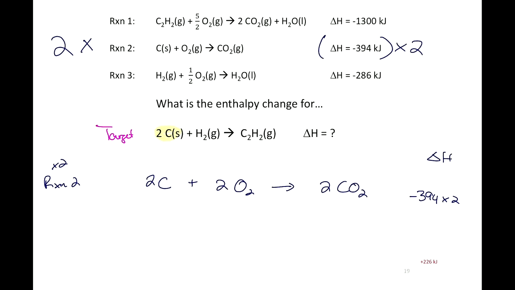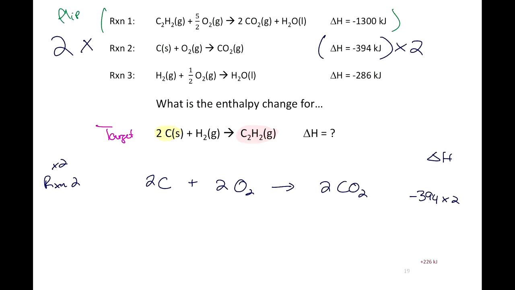Okay. All right. Next, let's look at C2H2. Okay, which reaction has that guy in it? Reaction 1. So for reaction 1, is it in the right place? No, so we gotta flip it. Flip it. Is it in the right number though?